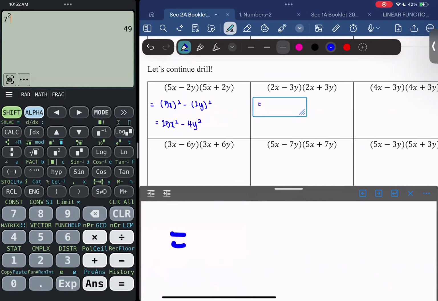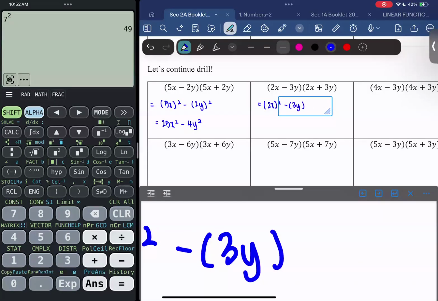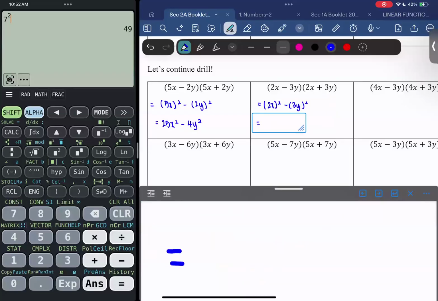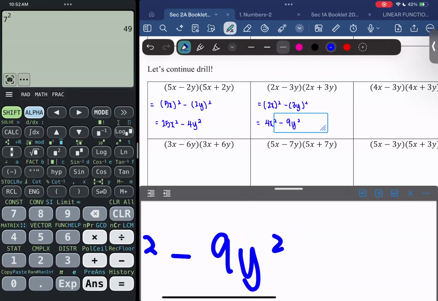Okay, Atia. x to the power of 2 minus 3y to the power of 2. 4x to the power of 2 minus 9y to the power of 2. Okay, so here, careless.